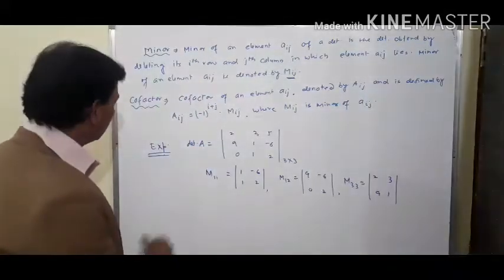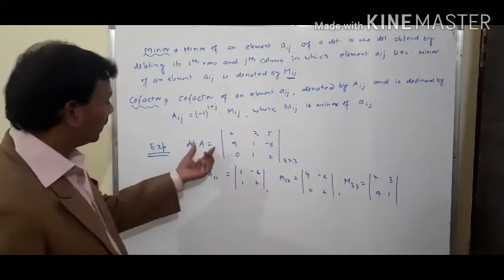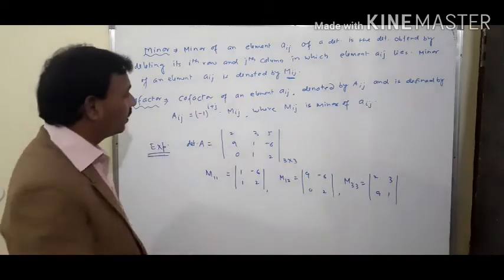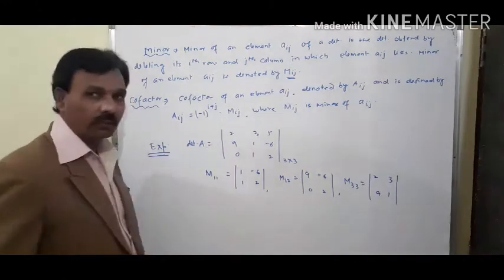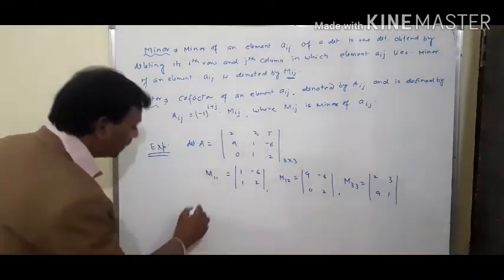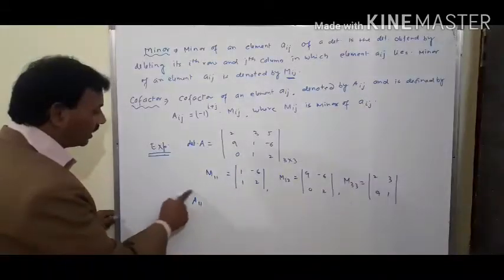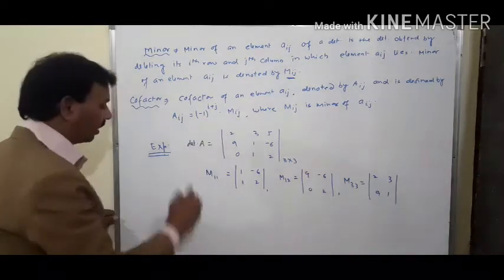Now we will take the same example and find the cofactor of the first element, that means the element of the first row and first column, that means A11, where A11 is the cofactor of the element of the first row and first column.